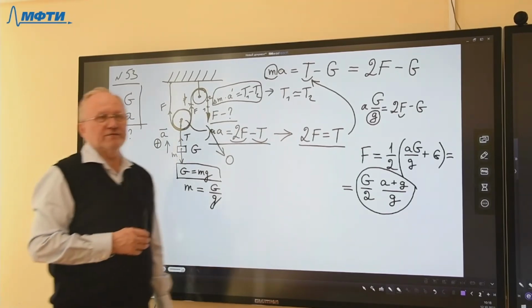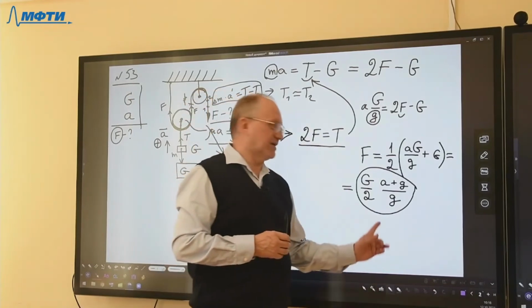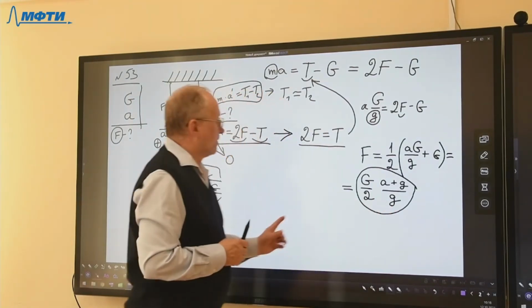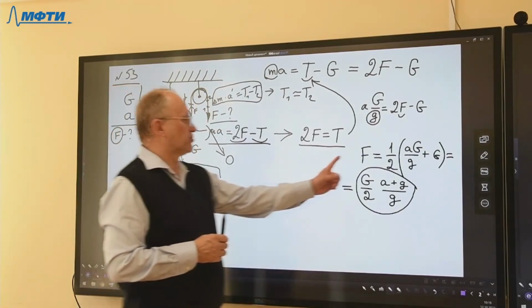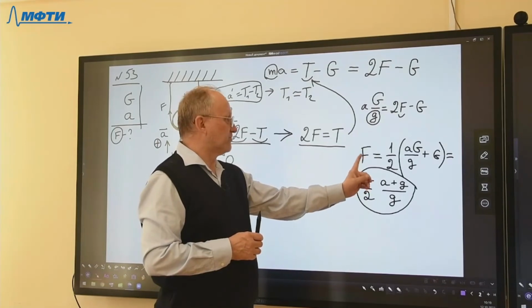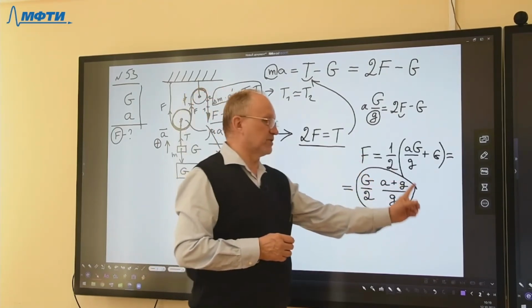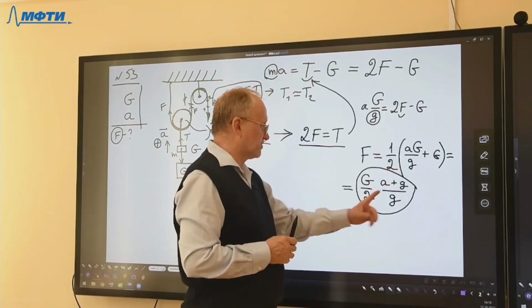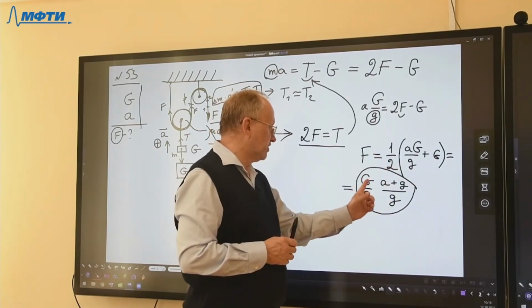Also, it's always very useful to check the final answer for units of measurement. The units of measurement should be that of force. We need to find force, so the final formula should give us the units of measurement of force. Does it? G is force.